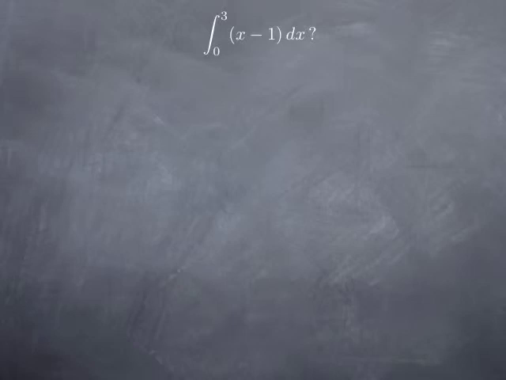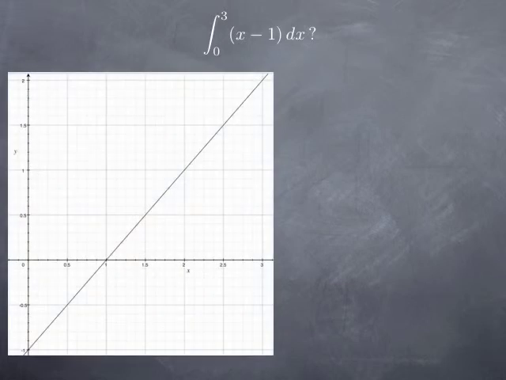Turning to a different kind of function, I'm looking at the integral from 0 to 3 of x minus 1. If we draw the graph of this function, that is what we get.